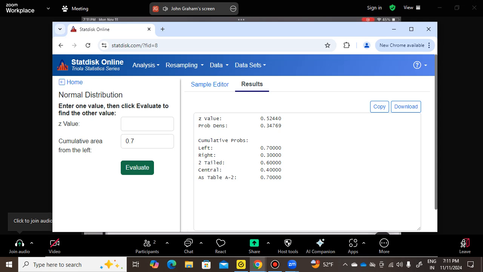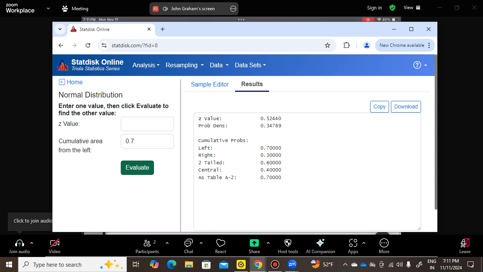And now we gotta find the x-scores. Again, x is equal to the standard deviation times the z-score plus the mean. So 15 times a negative 0.5244 plus 100. We are at 92.13.